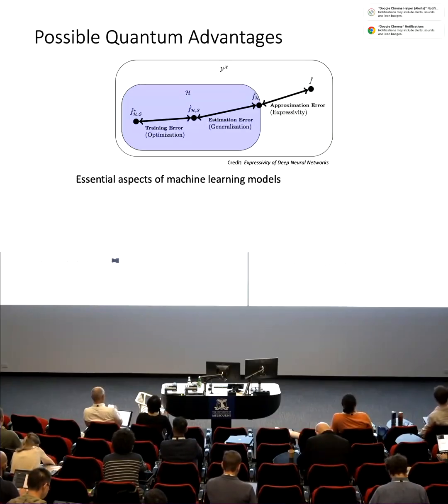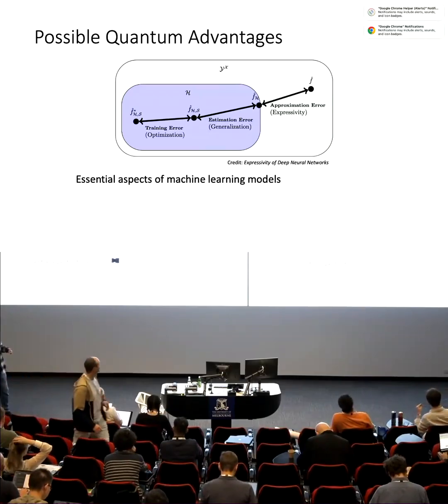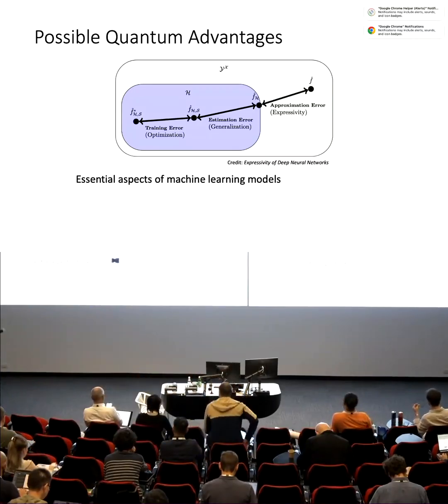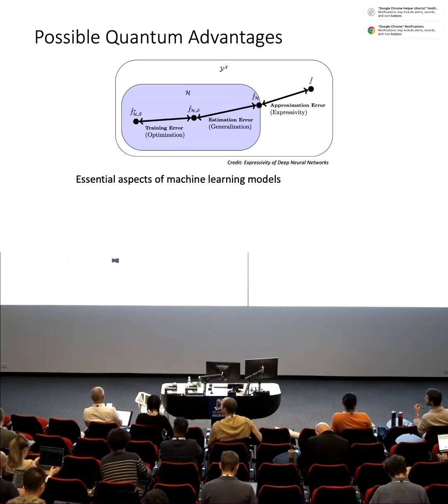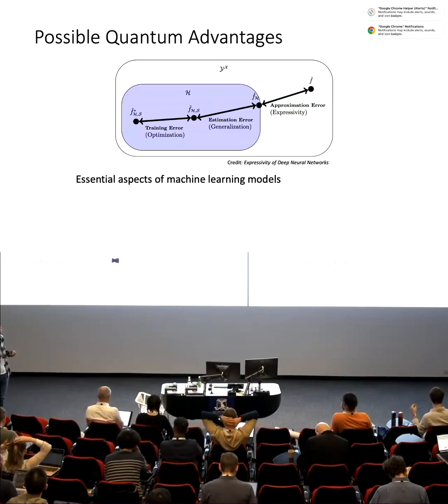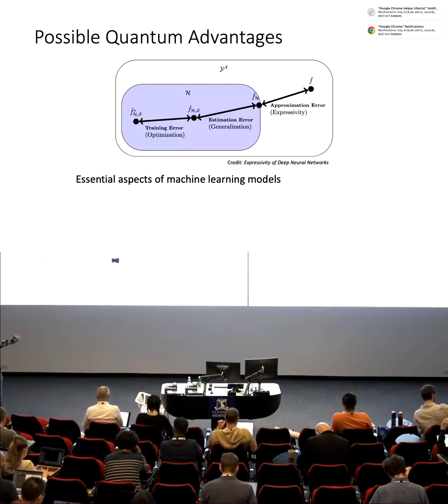Speaking of the possible quantum advantage of quantum machine learning models, we'll first discuss the essential aspects of these models, because when we talk about quantum machine learning algorithms, we use a model to learn the function behind the pattern of the input-output pairs of the data.